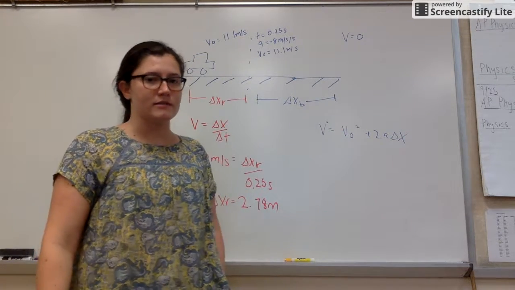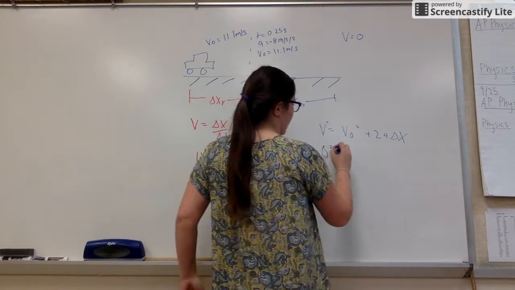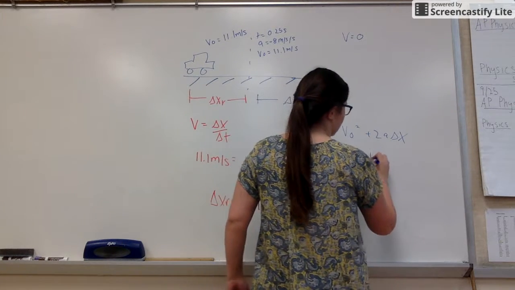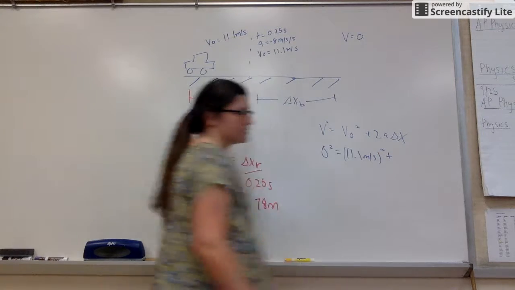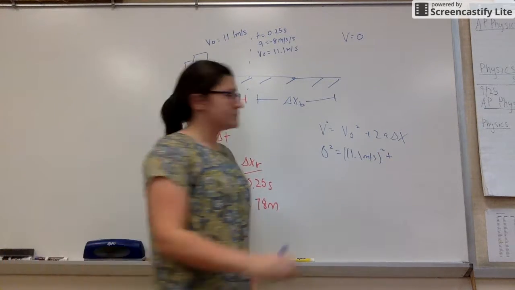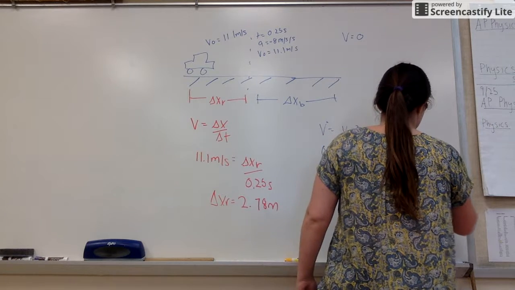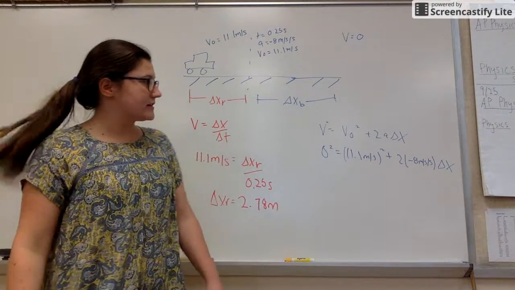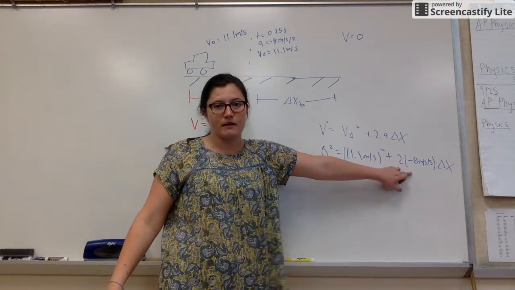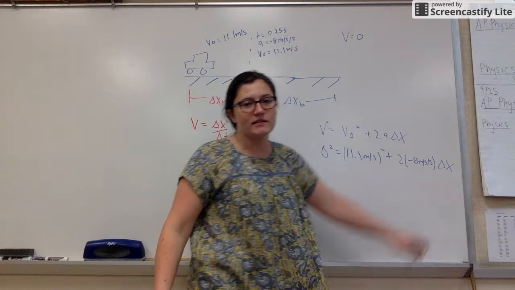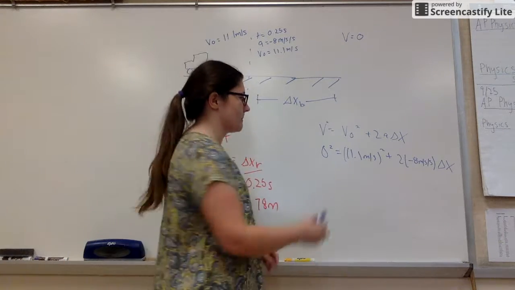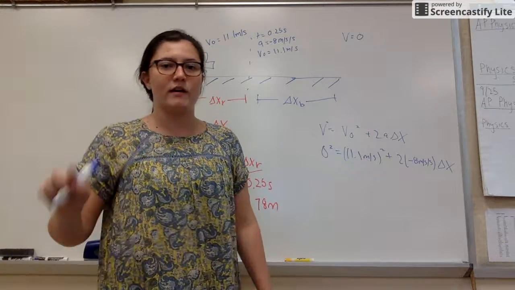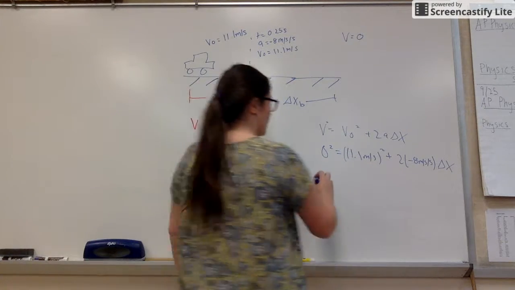So now we need to plug into a big 4 equation to find delta x. v squared equals v naught squared plus 2a delta x. V final is 0, v initial will be 11.1 meters per second squared, with a constant negative acceleration of negative 8 meters per second squared. We don't know what delta x is, so we're going to leave it as a variable. 11.1 squared is 123. We're going to move that over to the other side of the equal sign.